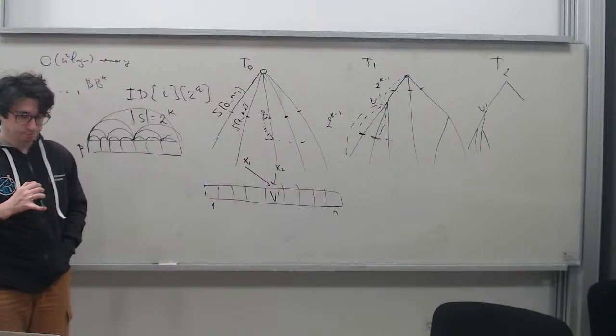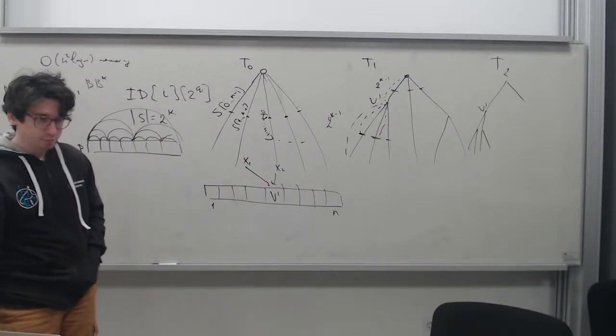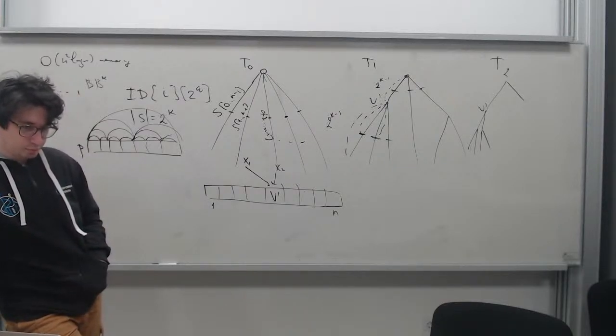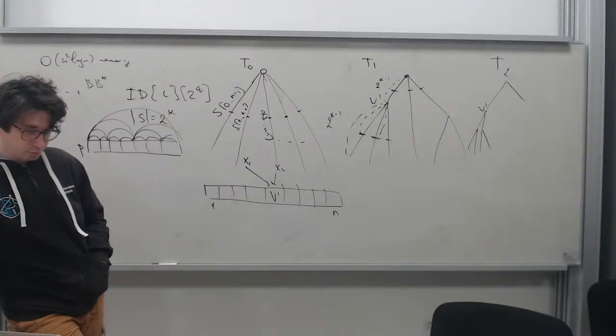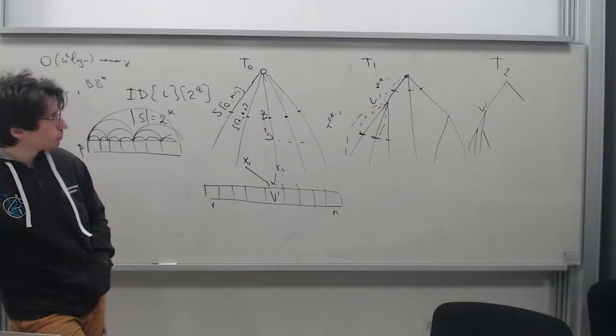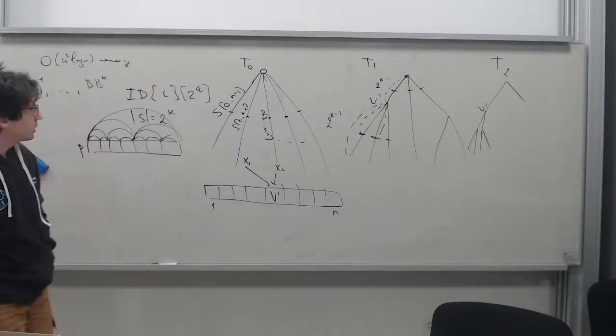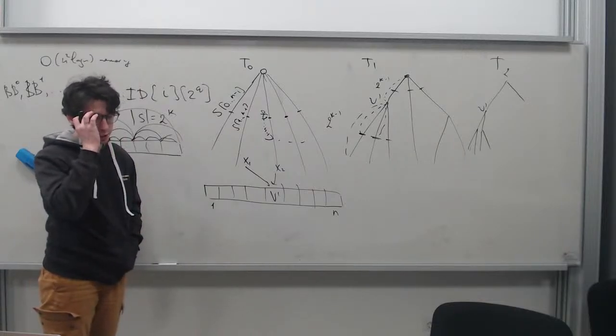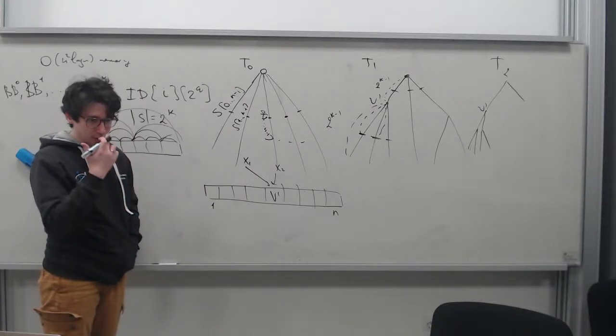Okay, but these trees are suffix trees. So what if our pattern is somewhere in the beginning and not at the end of the text? Suppose the pattern appears starting at the second character.